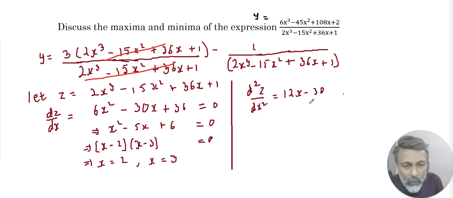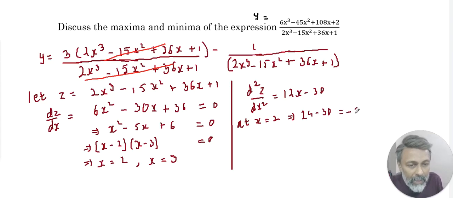Let us put x as 2. So at x is equal to 2, we get the value as 12 into 2 is 24, minus 30 is minus 6, which is less than 0.